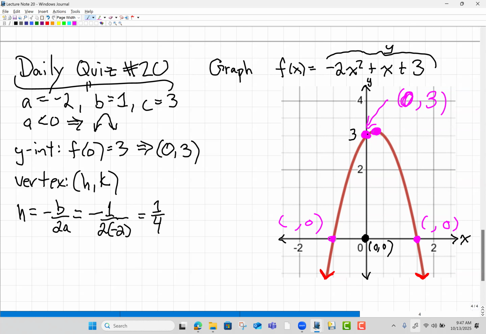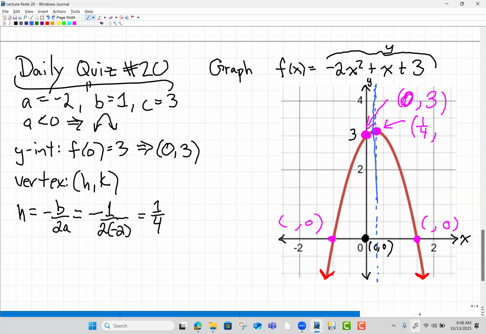So this coordinate right here, we know the x value is 1/4. So I'm going to go ahead and draw this dotted line. The x value here is 1/4.